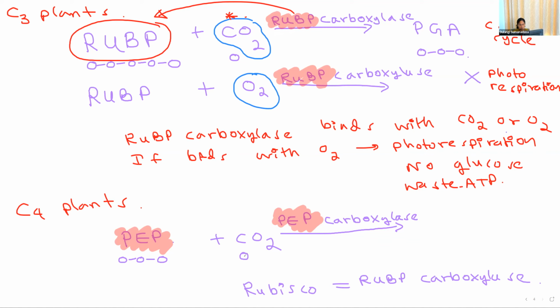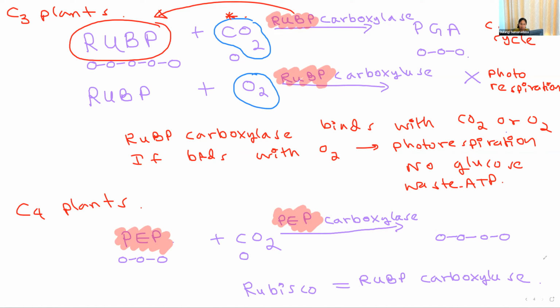Right, 3 plus 1 is 4, right? So can you write it down? We're going to form a product having 4 carbons. PEP is a 3-carbon compound. PEP is going to bring 1 carbon dioxide from the outside, and it's going to form a product which is going to have 4 carbons.